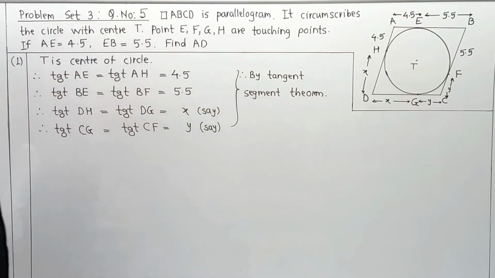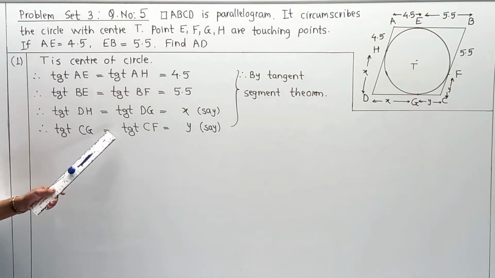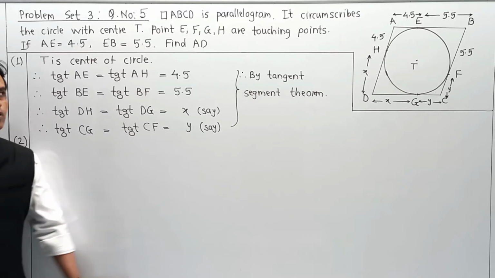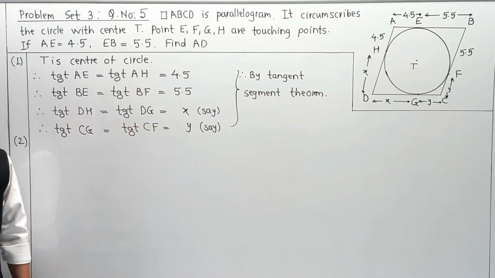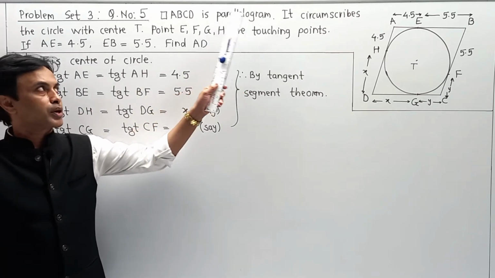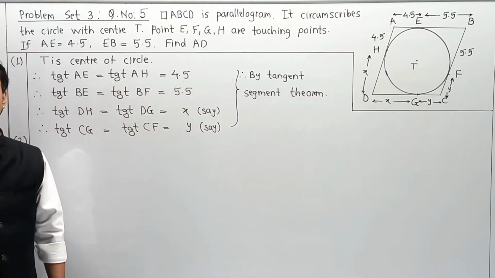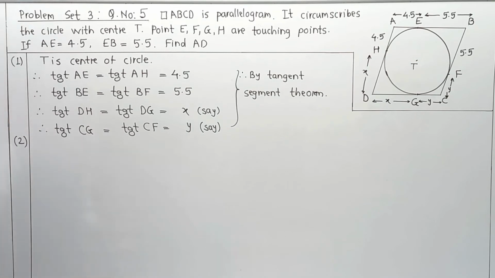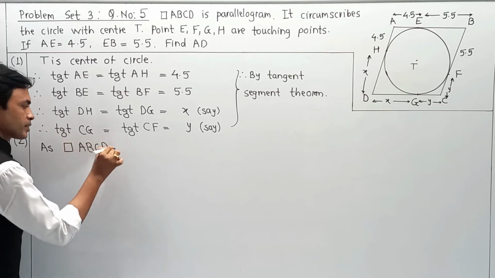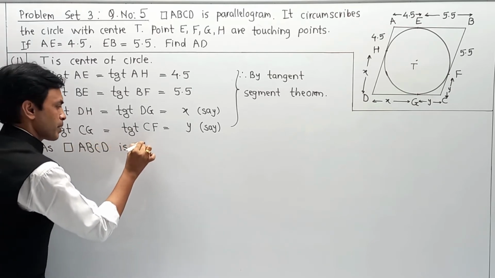Now coming to the next part: as we have completed the first basic fundamental, we move to part number 2. In this case, one by one, we start the additional property. They have given that ABCD is a parallelogram, so opposite sides are parallel and congruent.